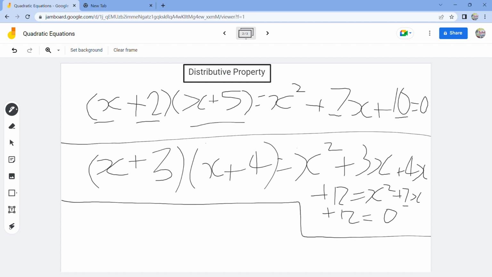That 7 is 3 plus 4, and 12 is 3 times 4.